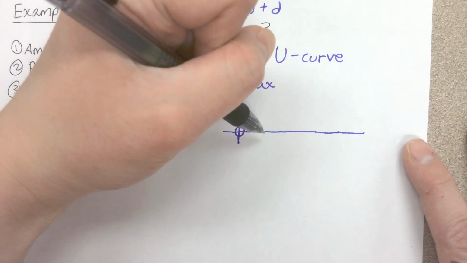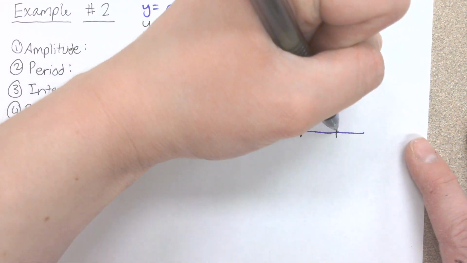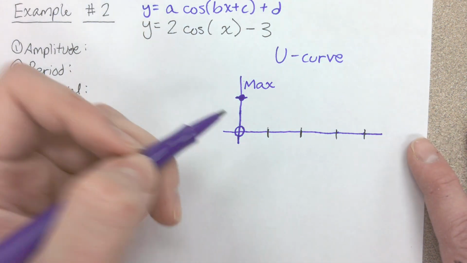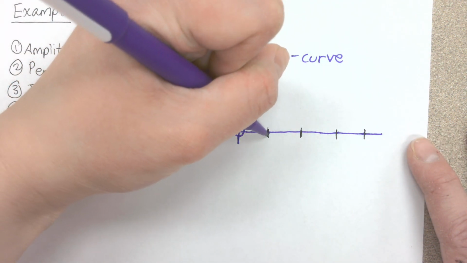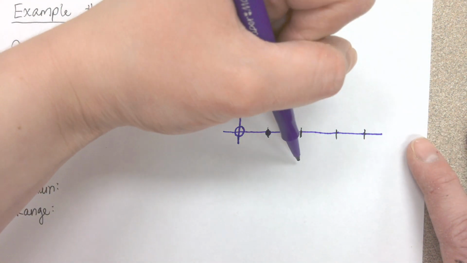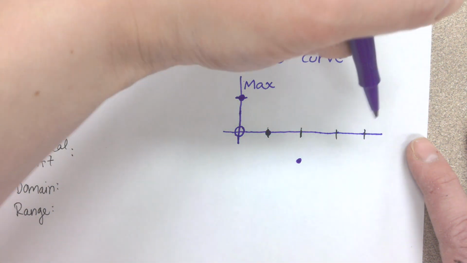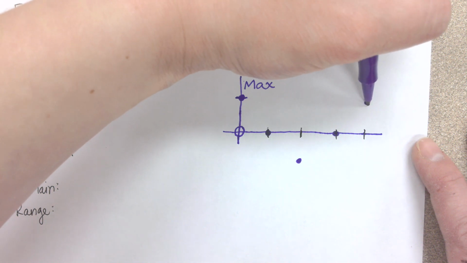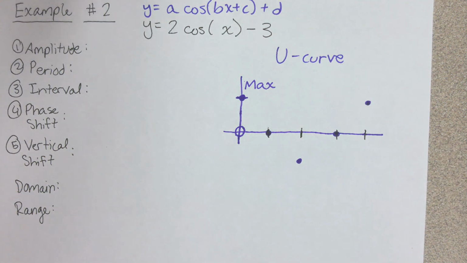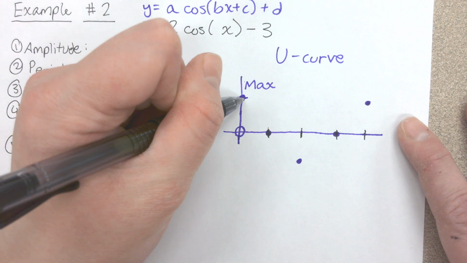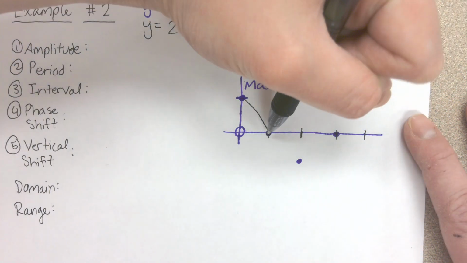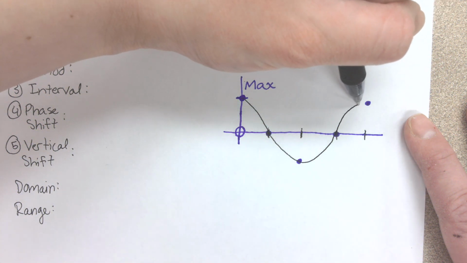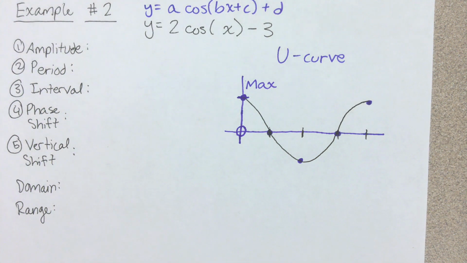and then from there we have our 4 intervals. So we go max to midline, to minimum, back to midline, and then back up to maximum. That's how we get that U shape.